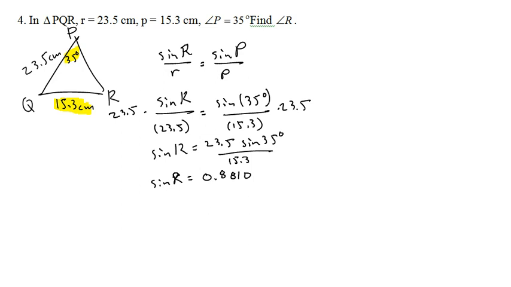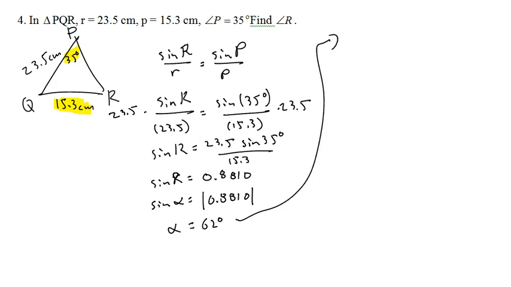Notice it's standard to use 4 decimal places for this stuff, which means that sine alpha, our reference angle, is going to equal the absolute value of that, which means that alpha is going to equal approximately 62 degrees.